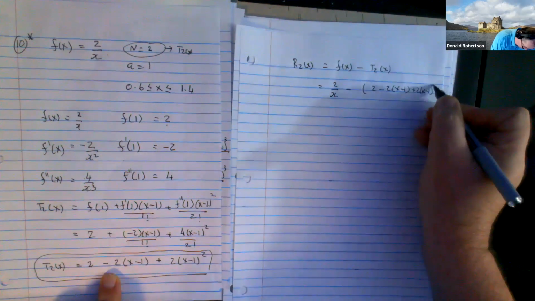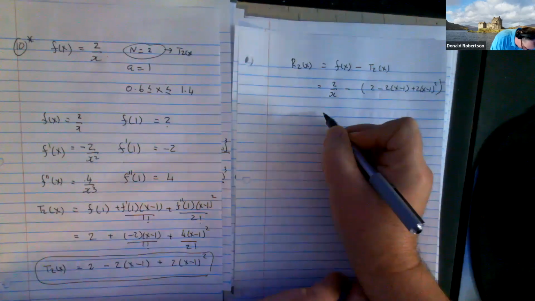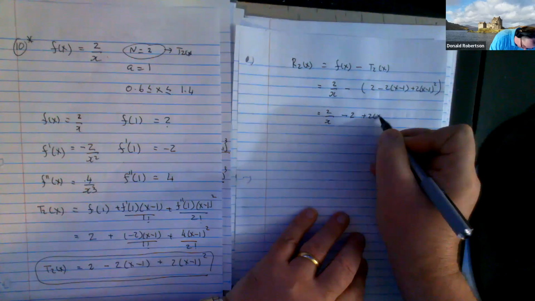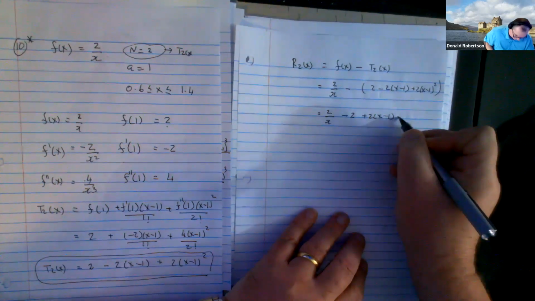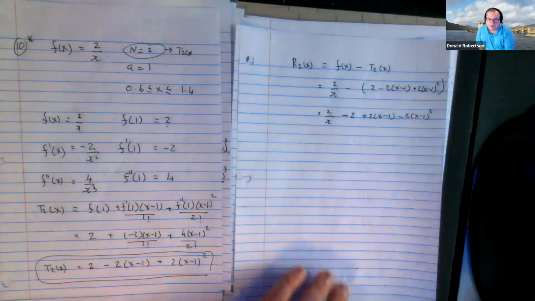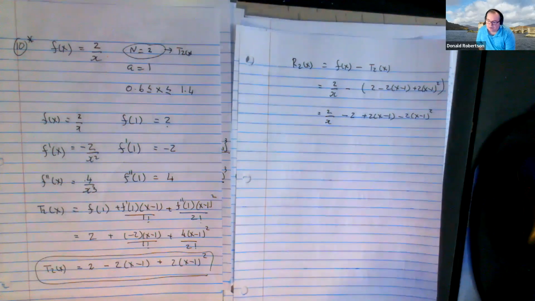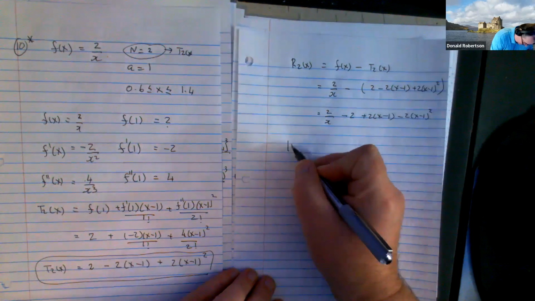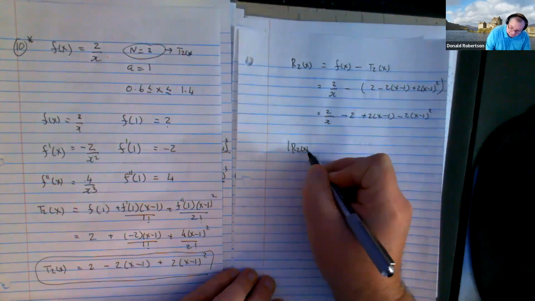So it's 2 over x, take away 2, add 2 of these guys, take away 2 of those guys. Are you comfortable with how to find the function R2 of x? Now, we're going to find that guy. That's how it's written.